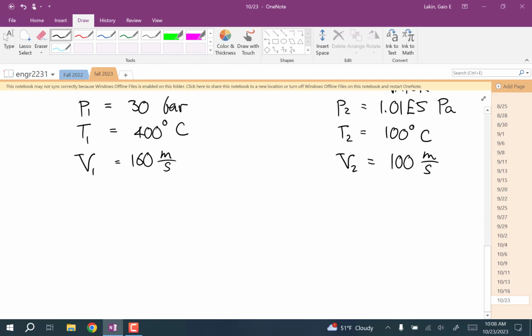And let's say that we're given that the heat transfer per mass over some interval of time is negative 22.6 times 10 to the third joules per kilogram.